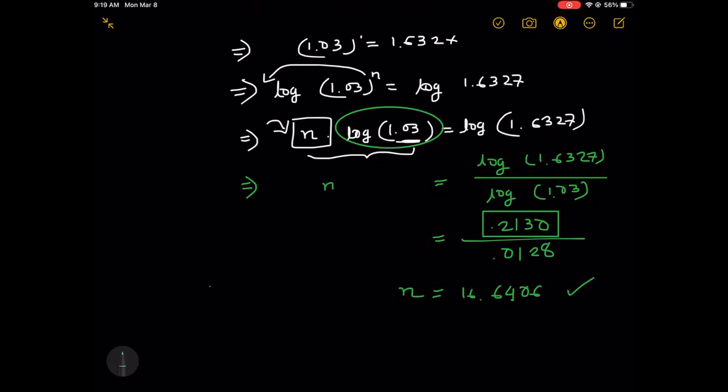You can see they have used this sign. That means it's not exactly 16.591, but it's approximately that, because if you use the calculator to get the value, you can see you have more values here. I actually rounded up to 4 decimals.